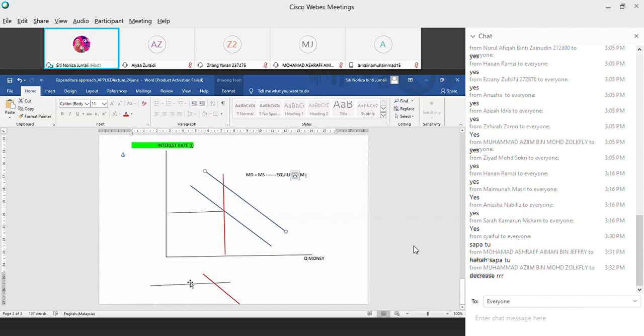What you can see now is the equilibrium interest rate also increases. MD increases, interest rate also increases. Back to the slide just now.